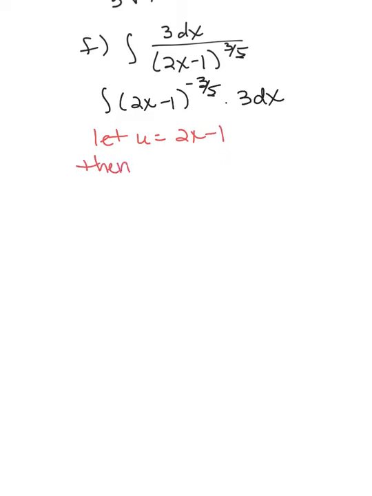If that's the case, then du is 2 dx. The entire derivative for the 2x minus 1 is just 2. And then we have to say dx because our variable was x. What we need in our problem is a 2 dx. What we have in our problem is a 3 dx.